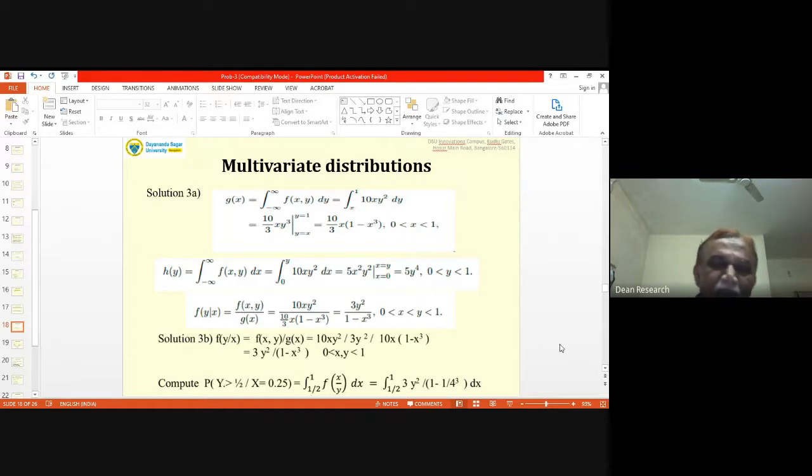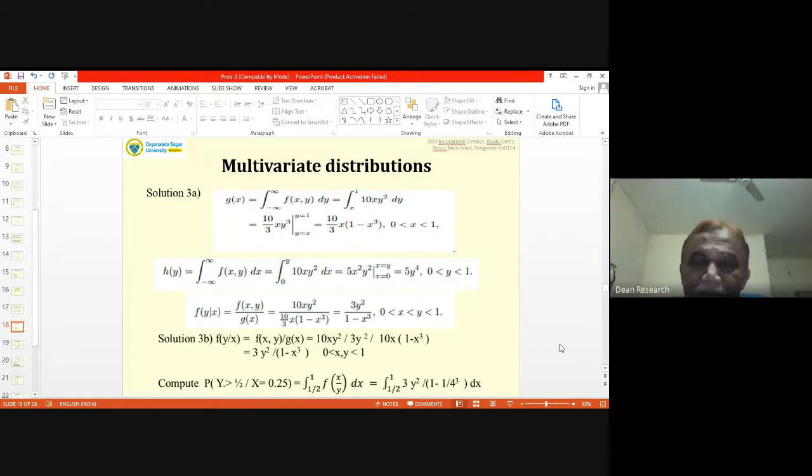It is f of x comma y divided by g of x, which is equal to 10xy square divided by the formula you have above. 10xy square is the function f of x comma y, divided by g of x, which is given above. Substitute and cancel out whatever is common. You are left with 3y square divided by 1 minus x cube, where, because it is a function of both x and y, you should retain the original inequality, that is 0 less than x less than y less than 1.